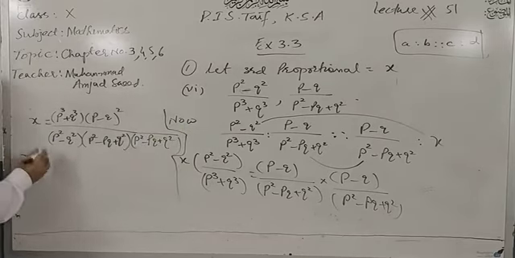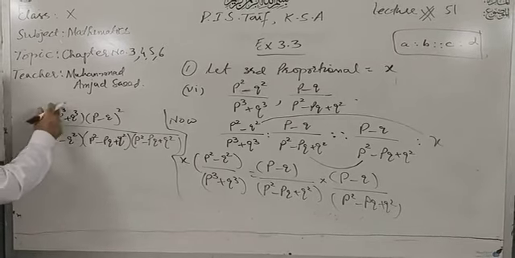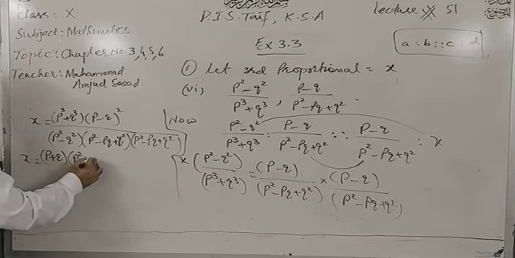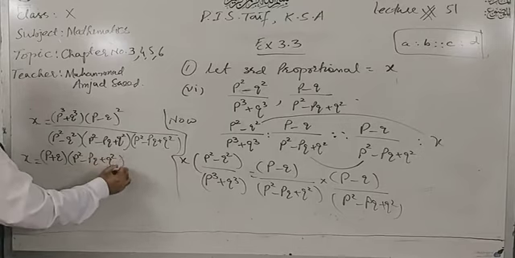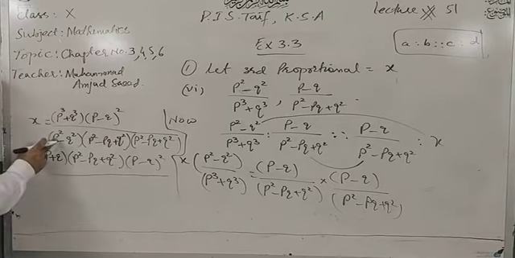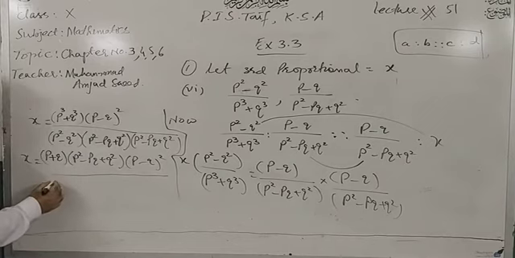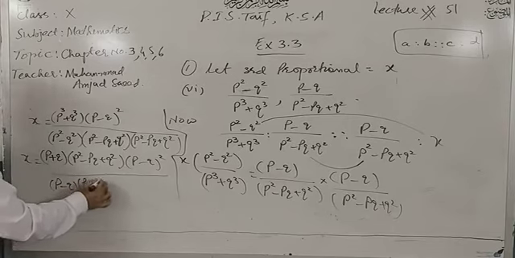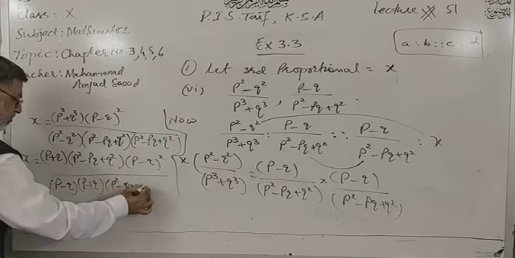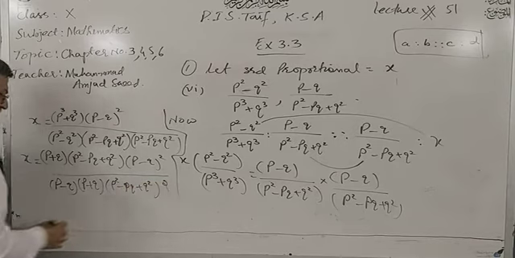Here we can open up the formula of pq plus qq. What is the formula of pq plus qq? That is p plus q into p square minus pq plus q square, into p minus q whole square. Remember that p square minus q square is p minus q into p plus q, into p square minus pq plus q square whole square.